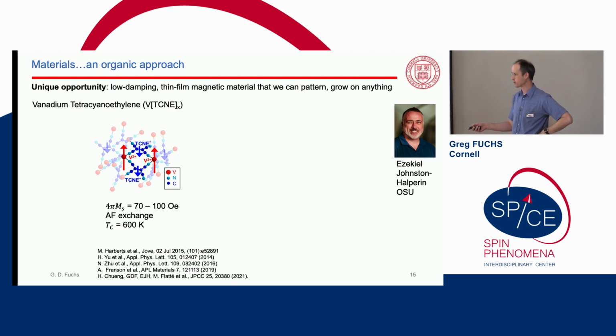Its ordering temperature is 600 Kelvin, which is extrapolated because if you increase the temperature to that value, the material degrades. It's above the growth temperature of the material. It has a very small saturation moment, right in the range of 100 Gauss, which puts it in a very different regime with respect to, for instance, YIG, which is about 3,000 Gauss.